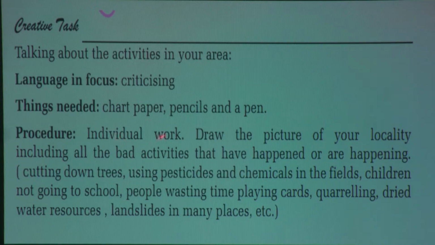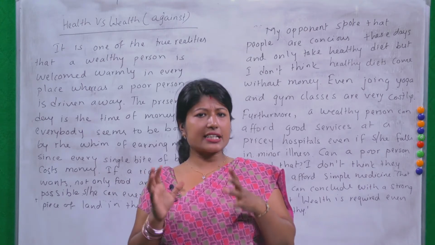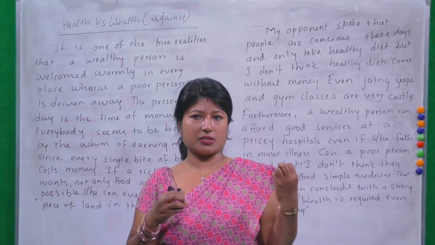This is an individual task. Draw the picture of your locality, including all the bad activities: using pesticides and chemicals in the field, children not going to school, people wasting time, playing cards, quarreling, dried water resources, landslides in many places, etc. These are the problems created by people themselves.